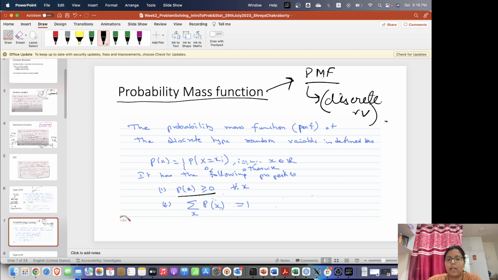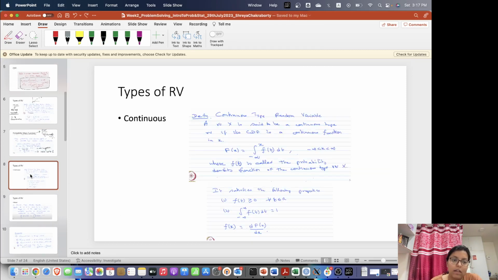It should be greater than or equal to 0, it should always be non-negative, and it should add up to 1 for all x in the range. Okay, so this was the definition of probability mass function. We'll do sums so it will become clearer.